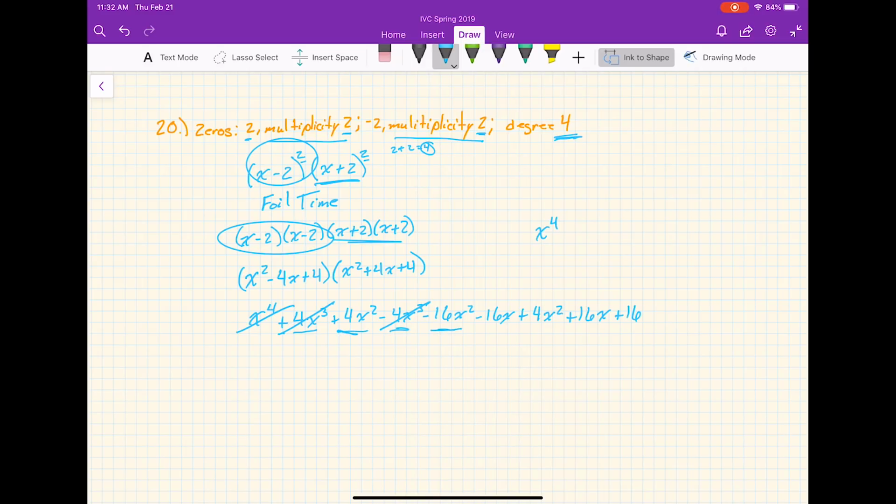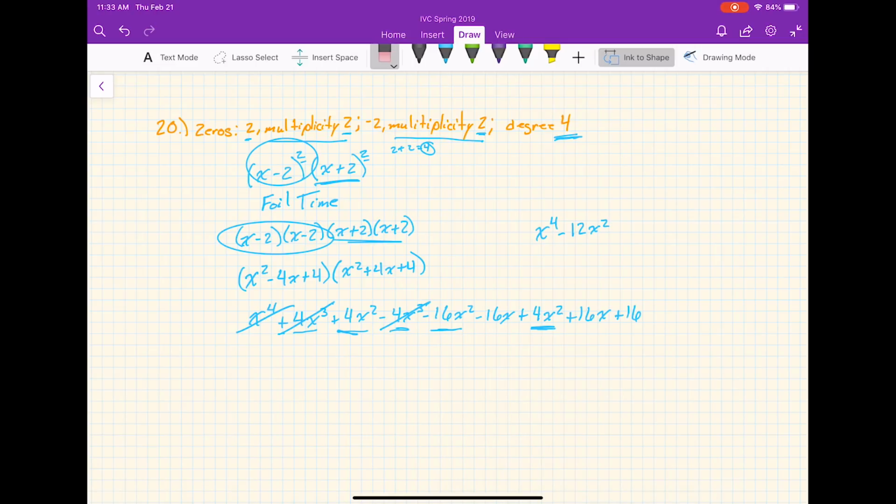So let's look at the 2's here. So we got a 4 and a negative 16. So that's going to be negative 12x squared. Yeah, negative 12x squared. And hold on a second. I forgot this x squared here.